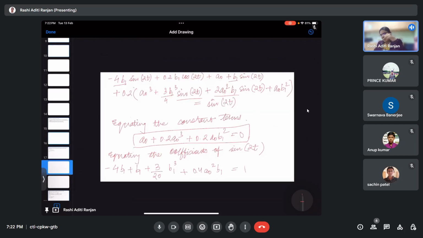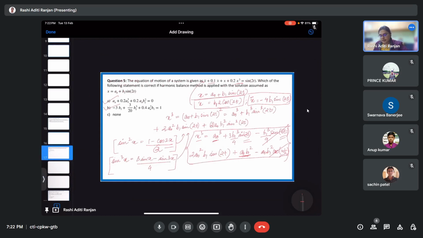You can see here that if I see the coefficient of cos 2t, there is only this term, and this will be equal to 0, which will give me the value of b1, which will be 0. Now, if I get the value of b1 as 0, then I can further find the value of a0 and a1 as well. Okay. It may happen that this may get me a wrong answer, which is because I have considered the solution like this as a truncated Fourier series.